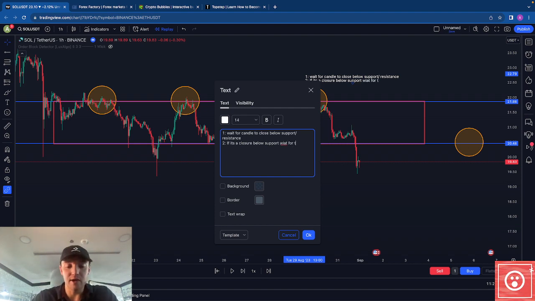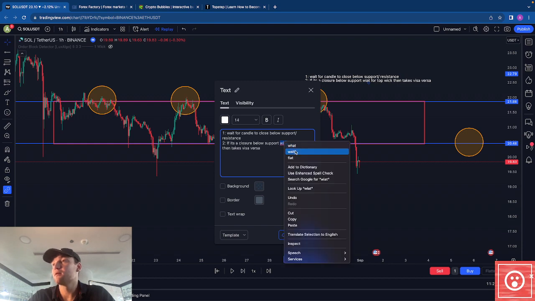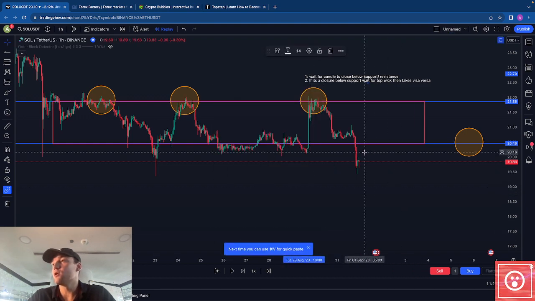Wait for a top wick, then take sells, and then vice versa for a breakout to the upside.